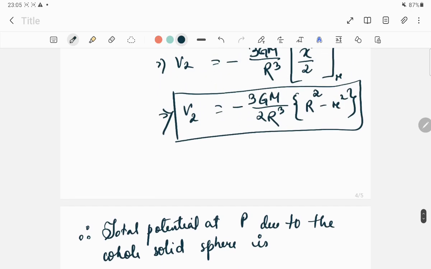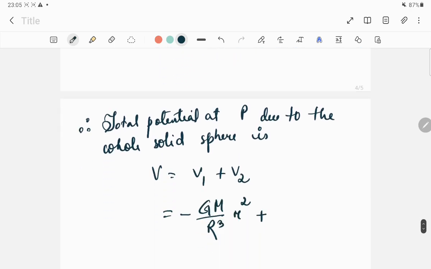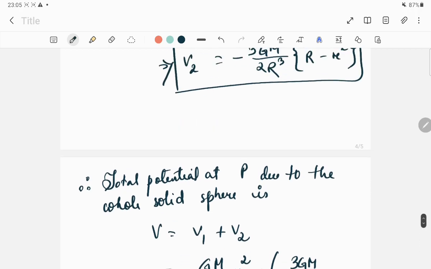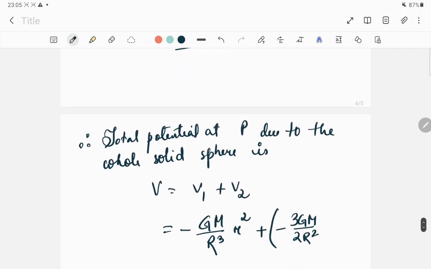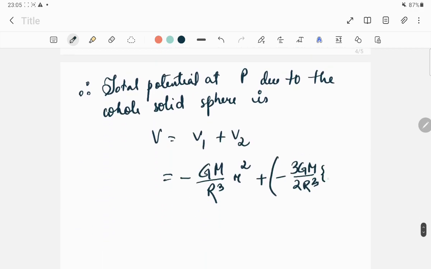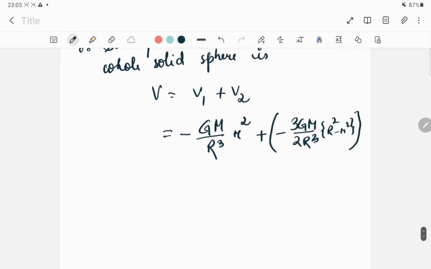plus what is our V2? Minus 3GM by 2 R cube into capital R square minus small r square. So we will simplify it.